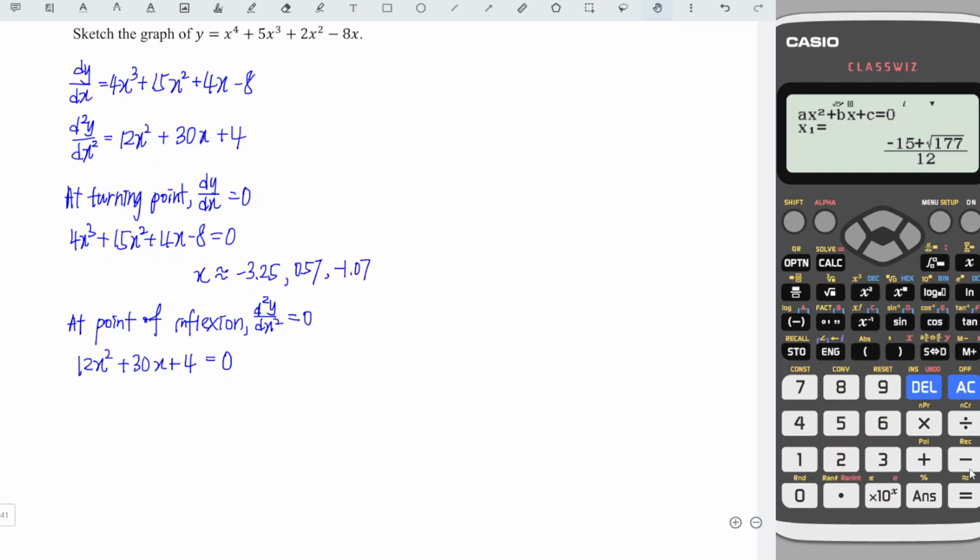So we can take decimal points so that it's easier for us to sketch. So negative 0.14 and negative 2.36.